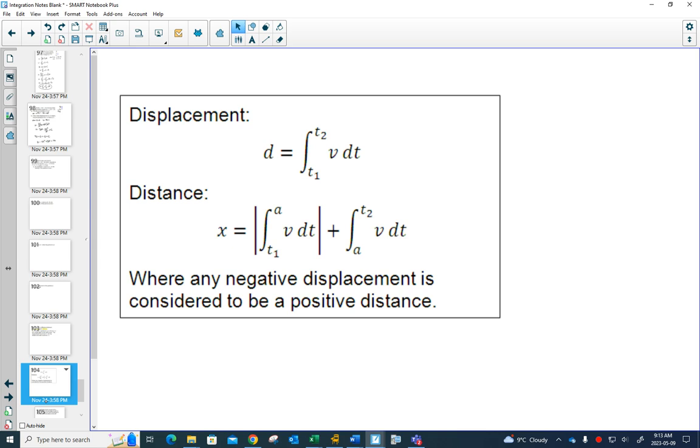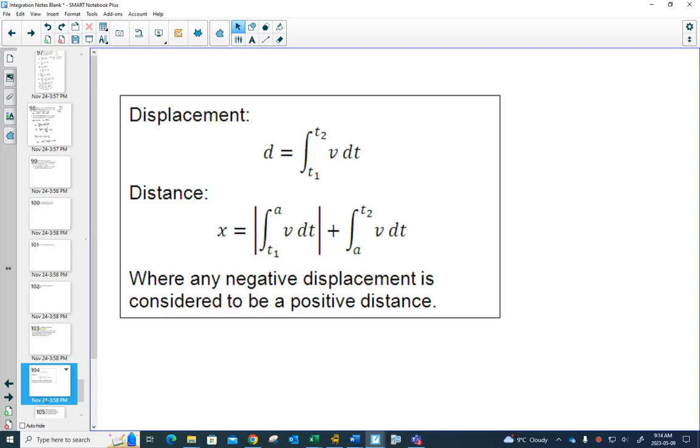That will show up as the area under the curve, and will cancel each other out. If we want to find the distance, we need to find out when it's going in one direction, when it's going in the other direction. And the part where the area under the curve is negative, we have to make that positive.